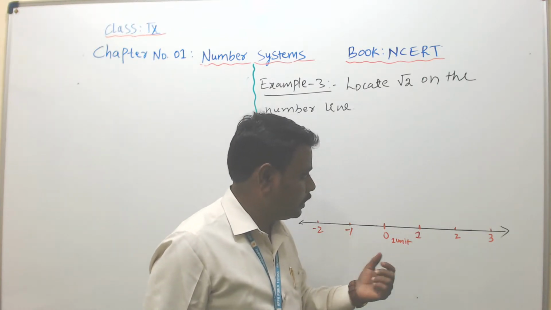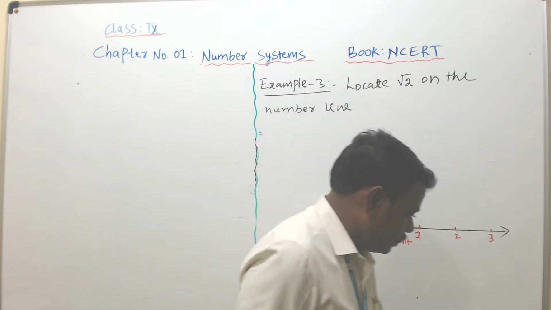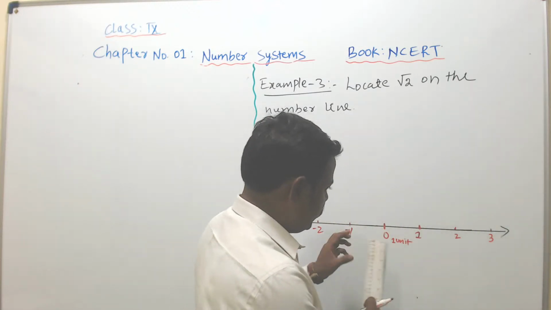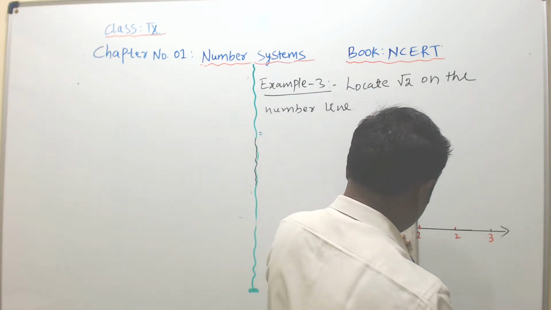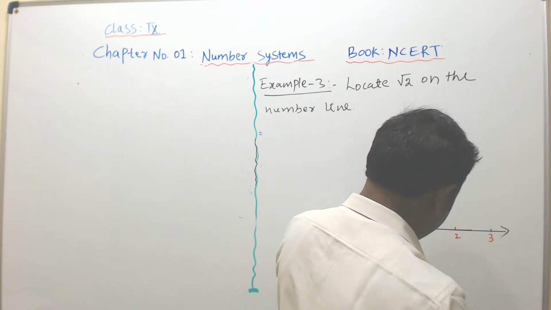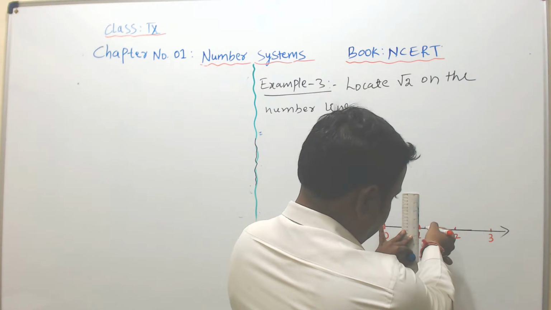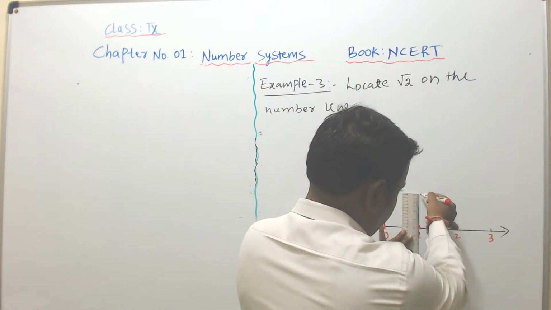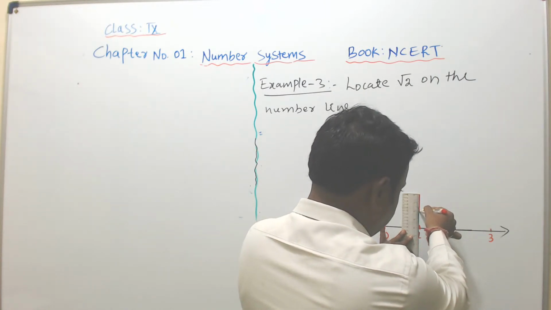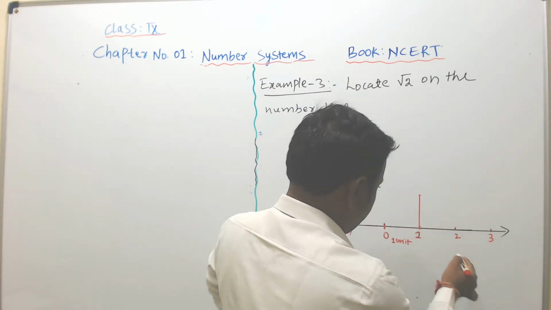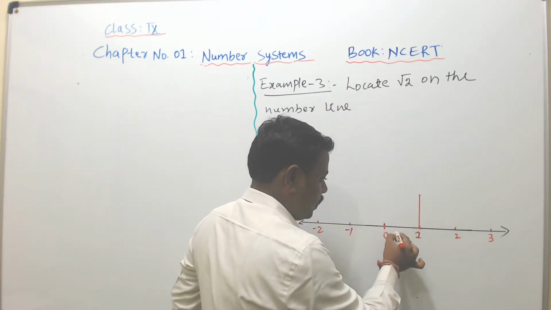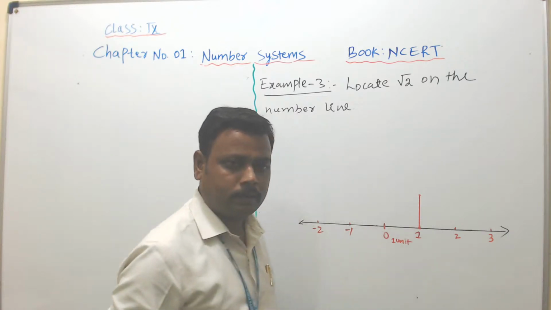The next, the same 1 unit, which is perpendicular to the line. So we have to draw the 1 unit perpendicular. We have considered first 1 unit, 0 to 1.